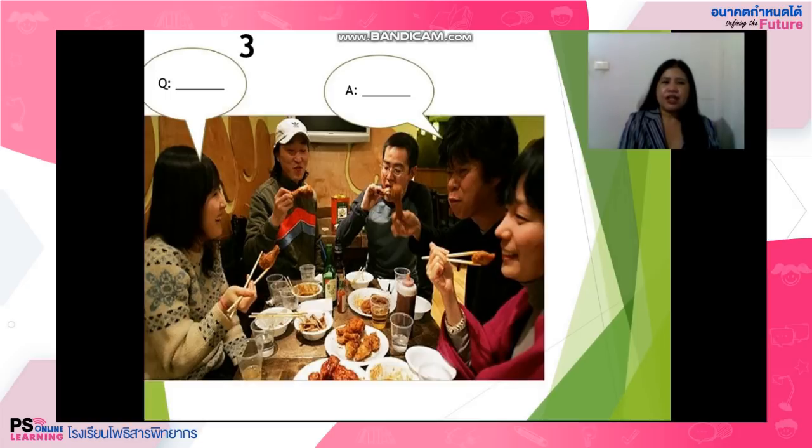So choose and write the question and then write the answer. So the lady on the left is asking the question and the man on the right is answering the question. Finished? That's easy because I only gave you 4 conversation structures. So you just have to choose one that you think is appropriate for this one.